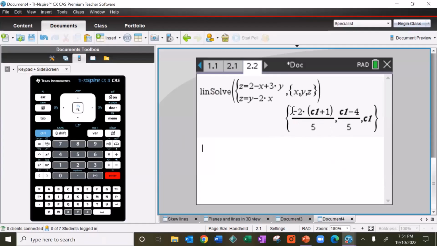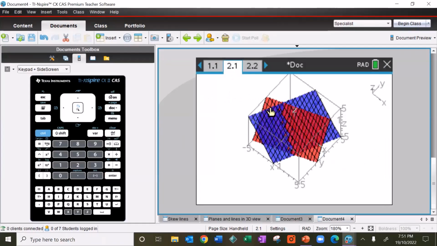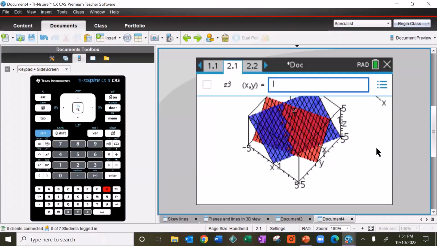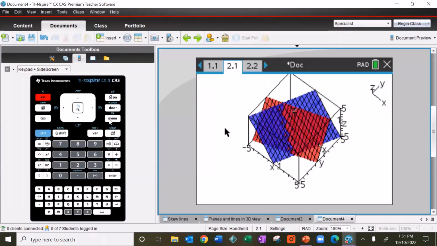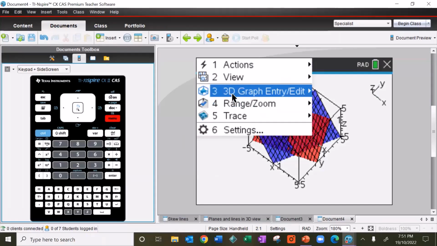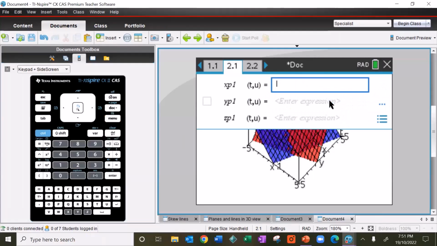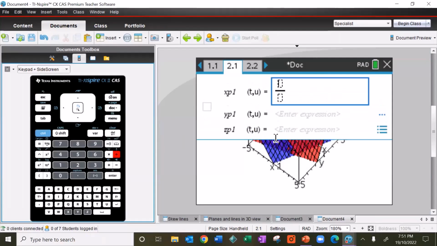So if I now try to sketch this straight line going back to our planes, I should check that actually those 2 planes intersect in the line. I had the function entry, so I need to go back and change it to parametric entry, and I will use a fraction.